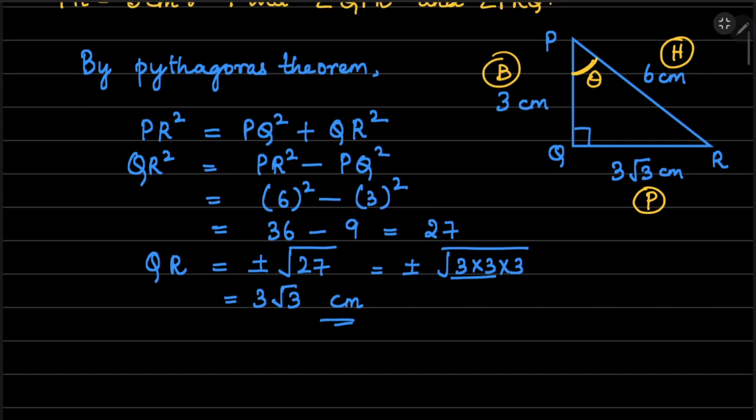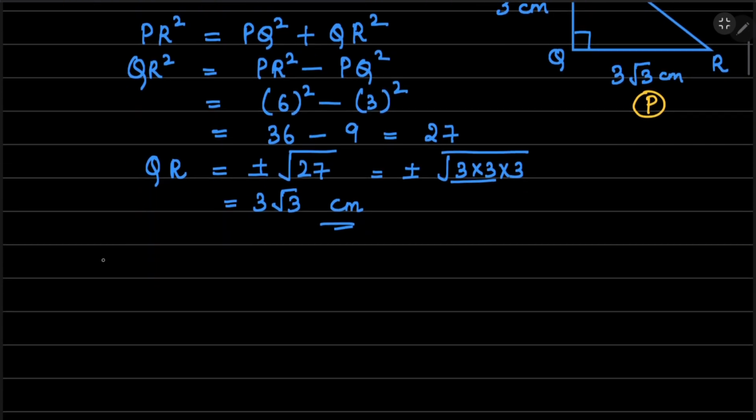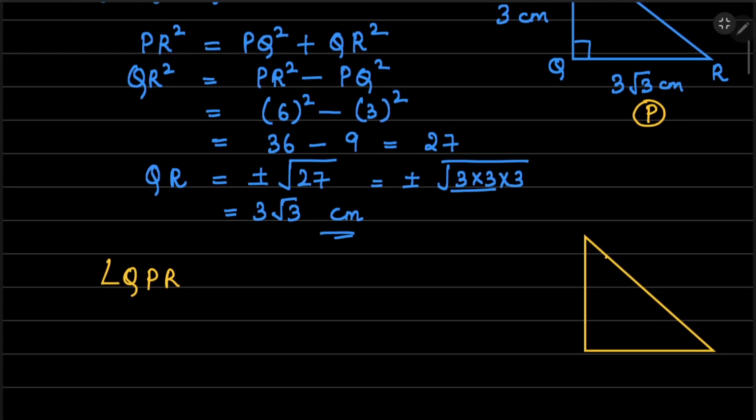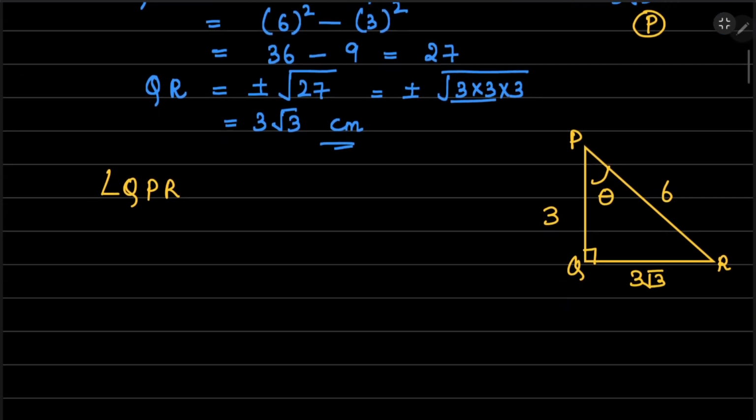So let me write angle QPR and draw that again here. So this is your triangle and this is your angle PQR. This is your 3 centimeters, 6 and 3 root 3. This is your 90 degree and this is your theta. So this is your perpendicular, this is your base and this is your hypotenuse.